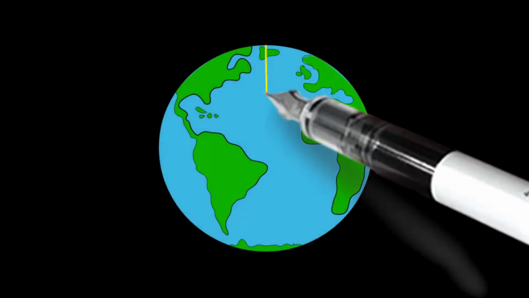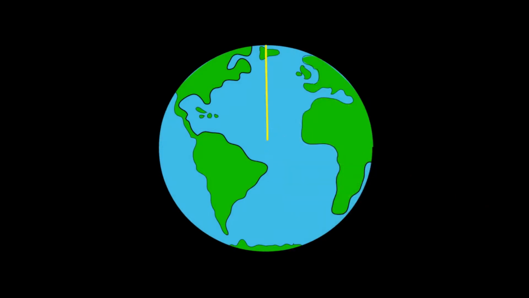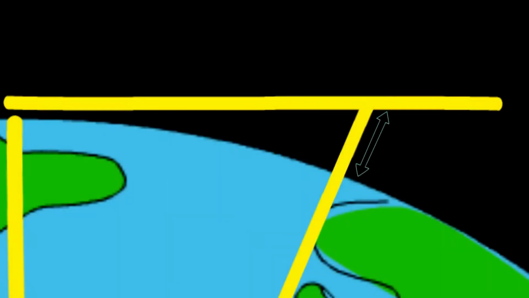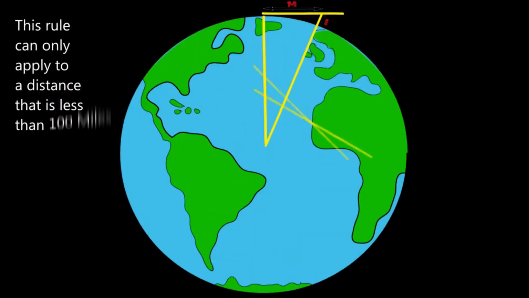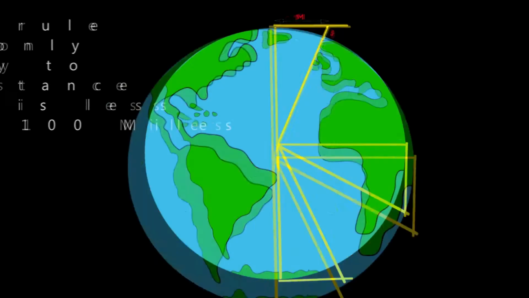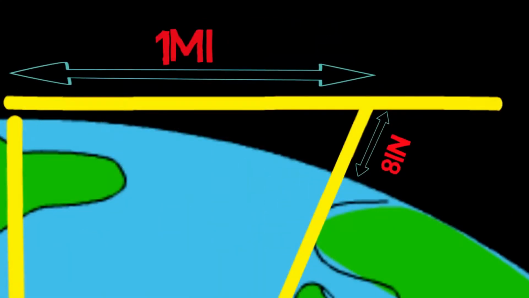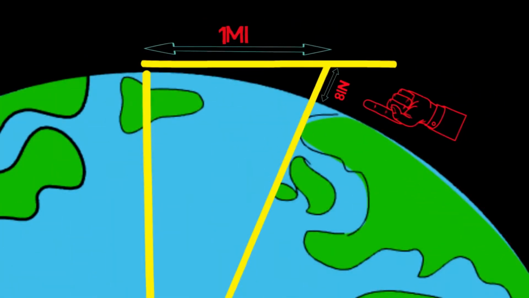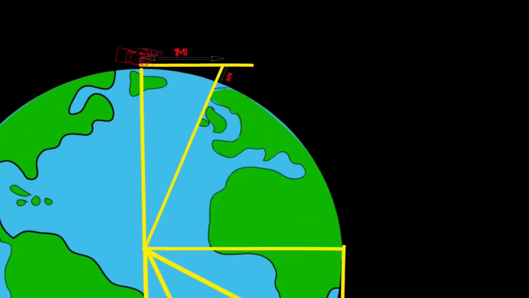If this is accurate, then given these parameters, the surface of the body of water must have an average convexity roughly equal to 8 inches per mile squared in all directions. This means in 1 mile, the surface on average will be 8 inches lower compared to the starting point.